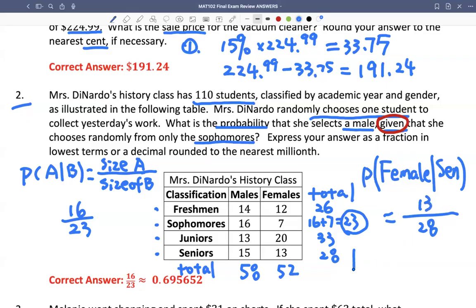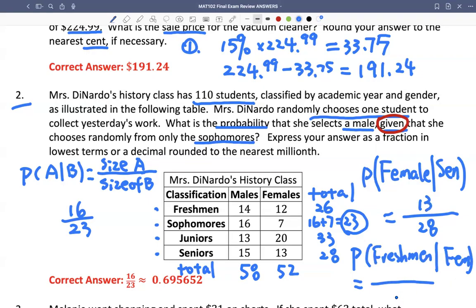Or I can ask, randomly select a student. What is the probability he's a freshman given she's a female? Now the cardinal number of females will be in the denominator.